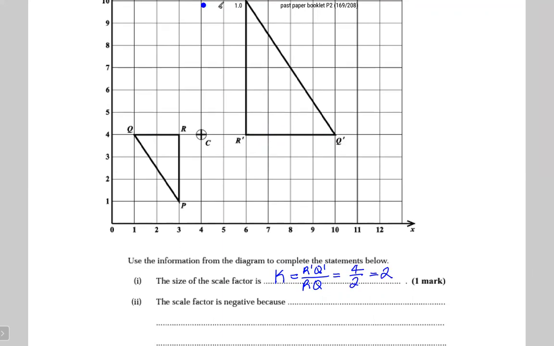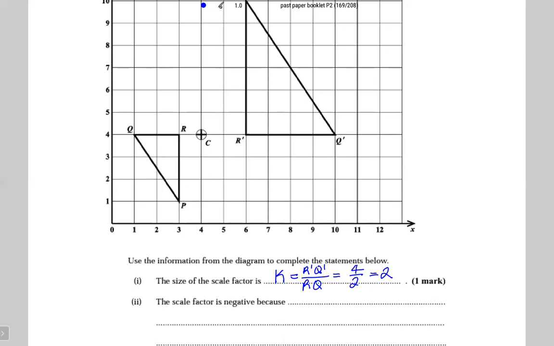It says the scale factor is negative because, well, if you all remember, when the object and image are on opposite sides of the center of enlargement, the scale factor is negative.